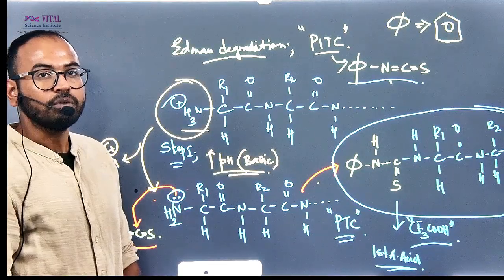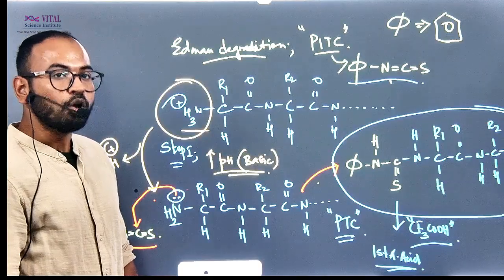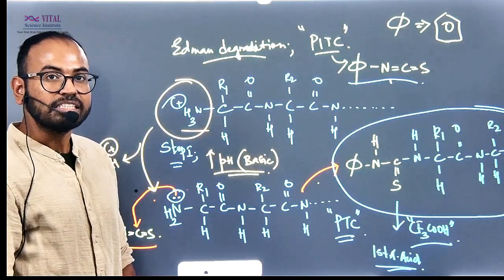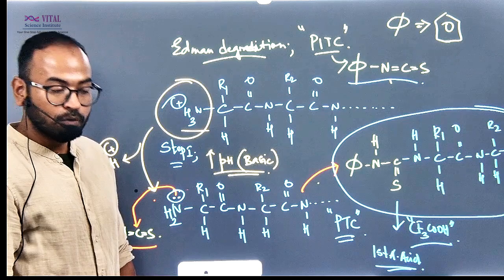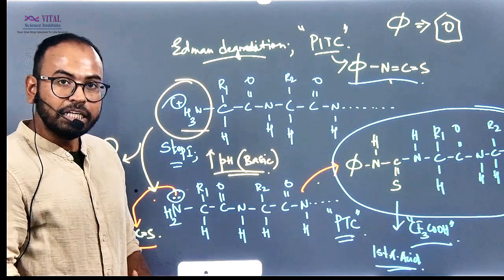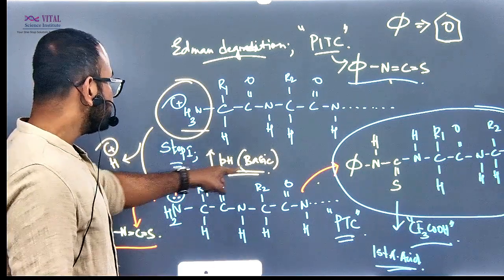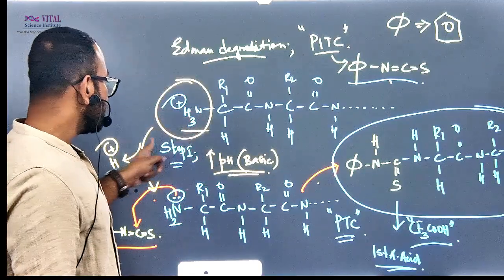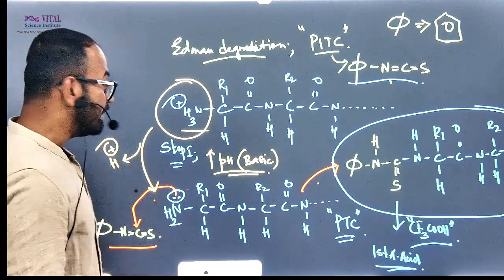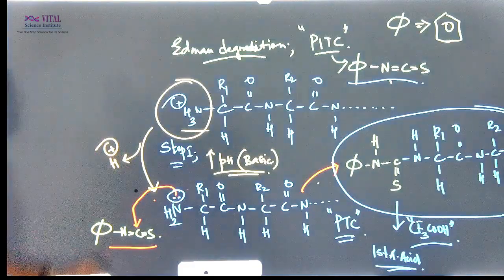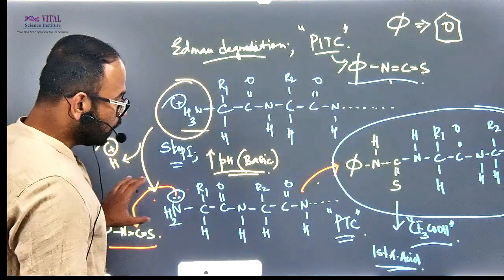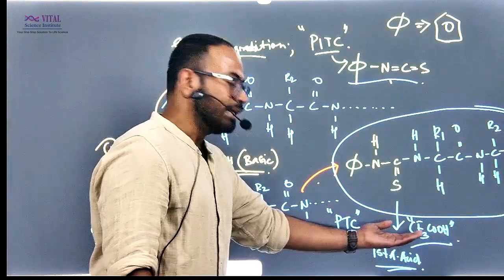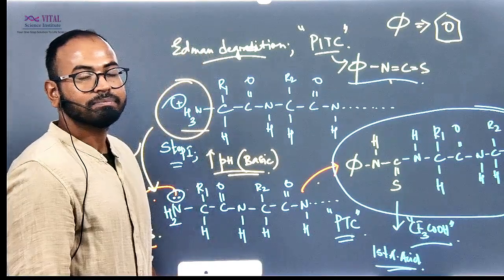And another thing we have to understand: during the removal of the first amino acid, what will happen? Initially, we have to increase the pH so that the amino terminal H plus can be removed. But later on, we are introducing trifluoroacetic acid.